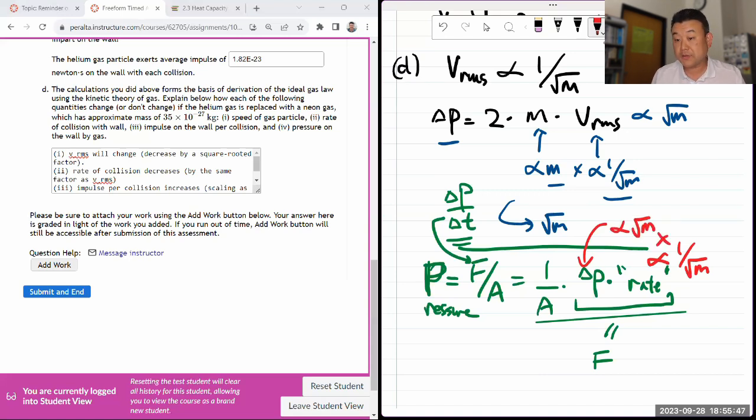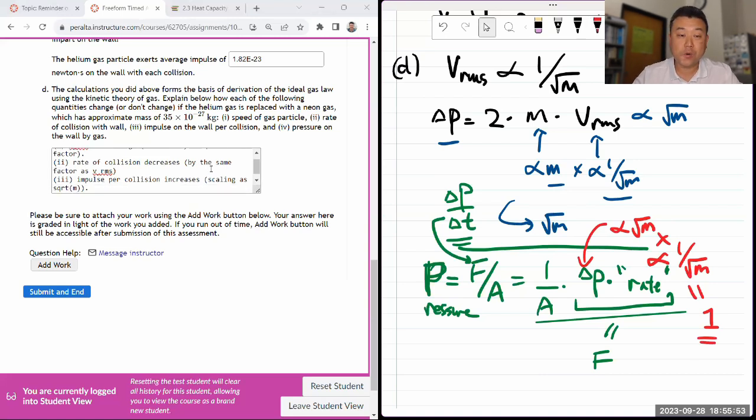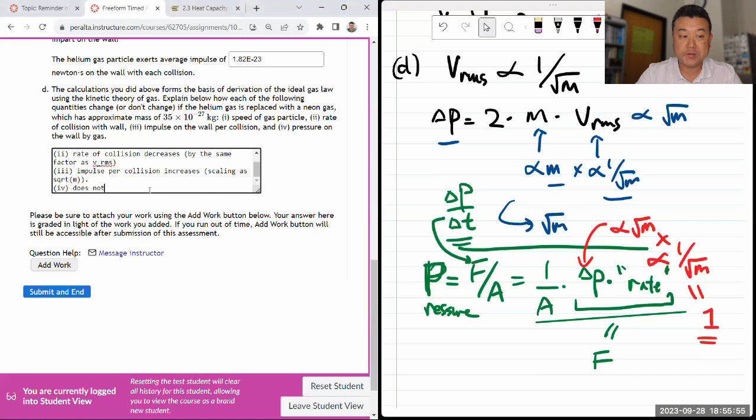And when you multiply these two, now there's no scaling with respect to m. So the pressure on the wall by the gas does not change. Which you might have expected if you think through the ideal gas law. The ideal gas law actually doesn't depend on the properties of the gas. You can have super heavy particles, and as long as they're not really interacting with each other, the mass of the particle doesn't matter.